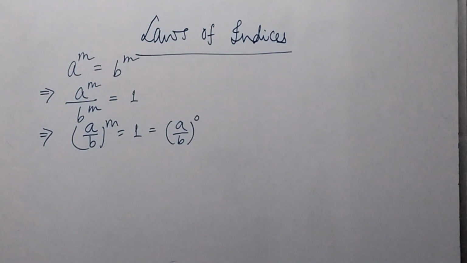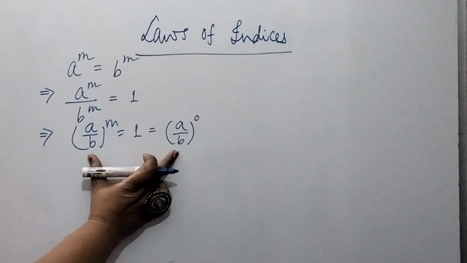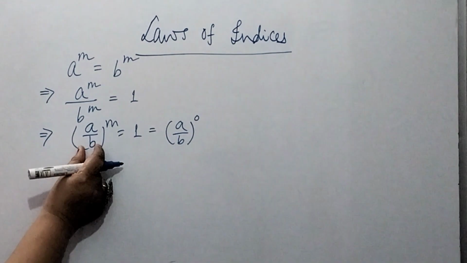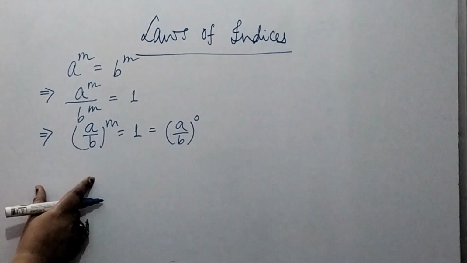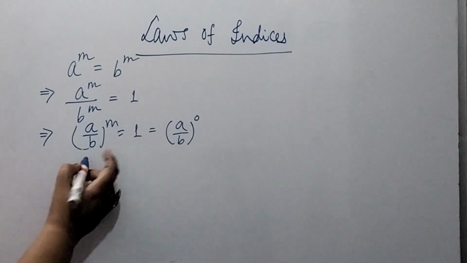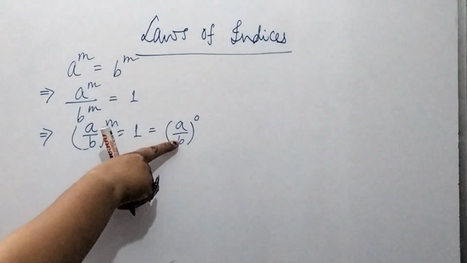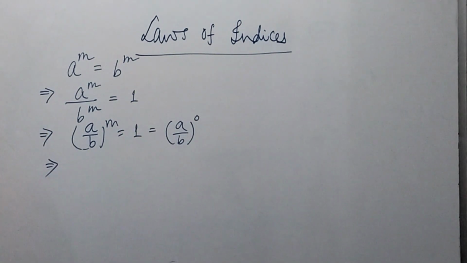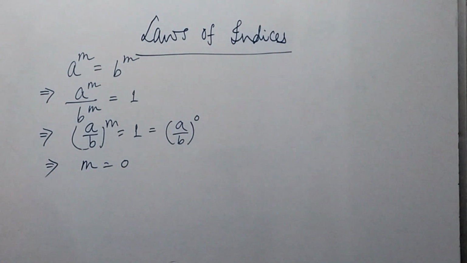isn't it? Okay. So now if we compare both sides of the equal sign, we get that the bases are the same, a/b. Only the powers are different. Moreover, we are getting from this representation that (a/b)^m is equal to (a/b)^0. So obviously, the only condition we get by comparing both sides of the equal sign is that m equals 0, right?